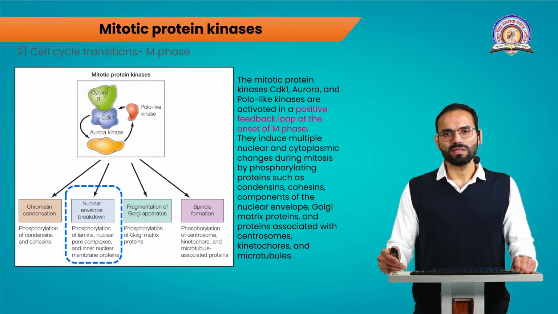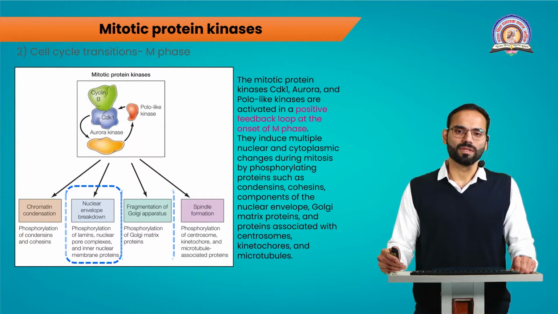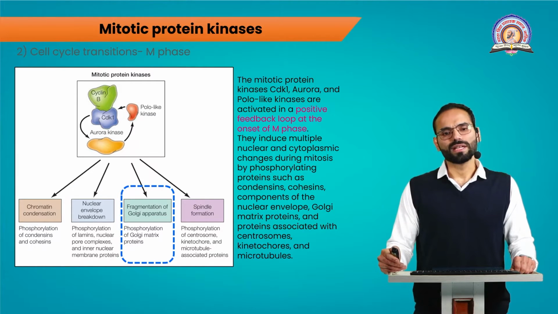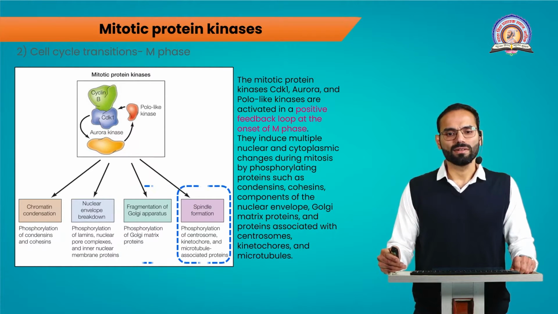This results in nuclear membrane disintegration, and finally the nuclear envelope breaks. And the third thing which happens is the fragmentation of the Golgi apparatus. The phosphorylation of the Golgi apparatus takes place with the help of these kinases, and that results in complete disintegration of the Golgi apparatus. And the final and one of the very important things that happens is the spindle formation.